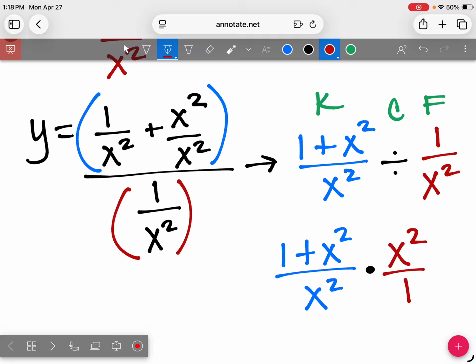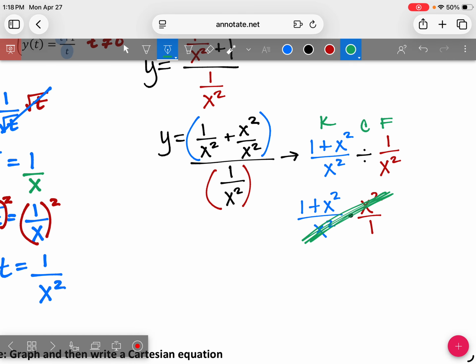So what's going to cancel? X squared. They go away. So I'm left with just 1 plus x squared over 1. And you don't have to put a 1 if it's in your denominator. So my final equation is y equals 1 plus x squared.